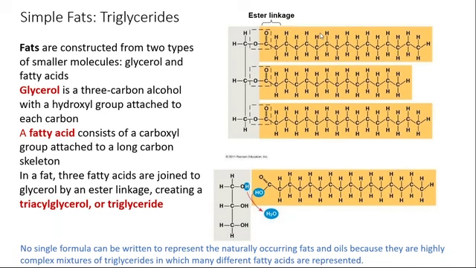So because you have 3 different fatty acids or 3 similar fatty acids, and there are 20 different types of fatty acids, there is no single molecular formula which can describe a triglyceride. Unlike in carbohydrates, the sugars, we always say it is CnH2nOn. So it is like C6H12O6.